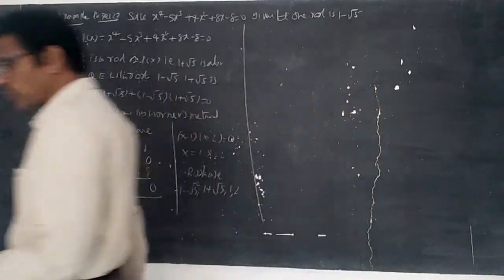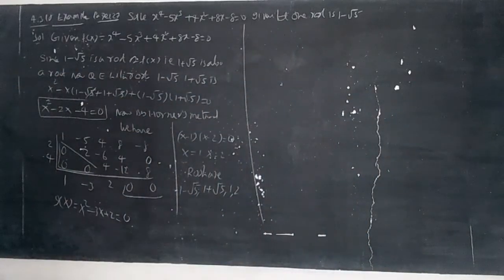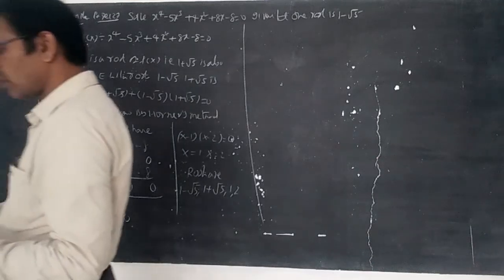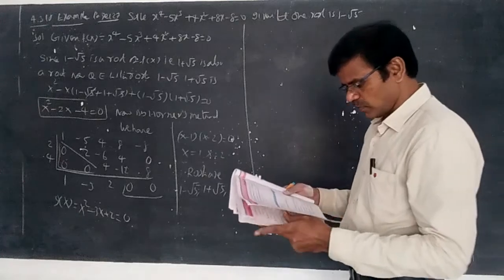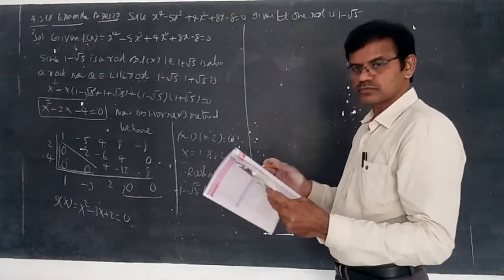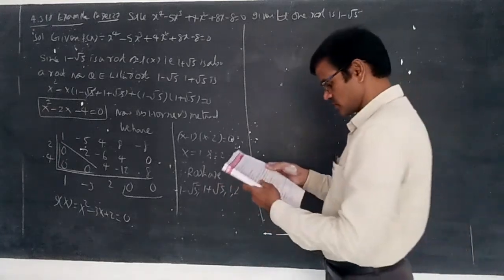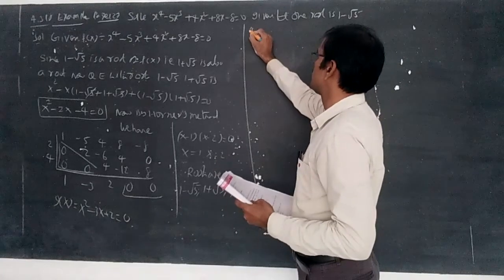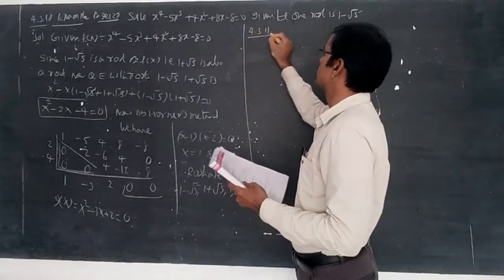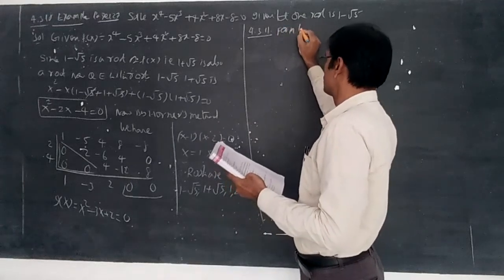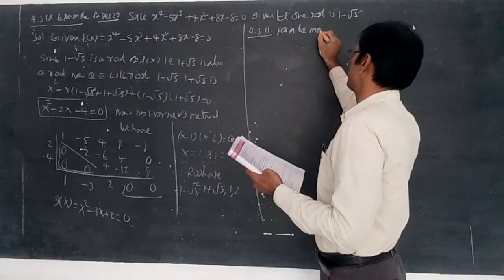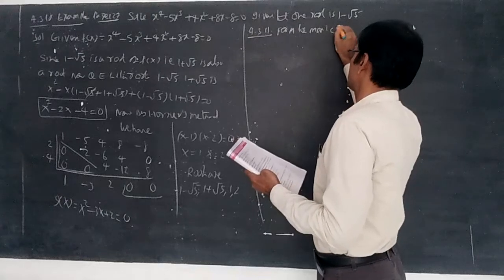Next, 4 point 3 point 1. Formation of equations: form the monic polynomial equation.